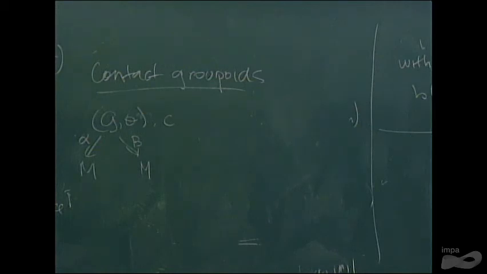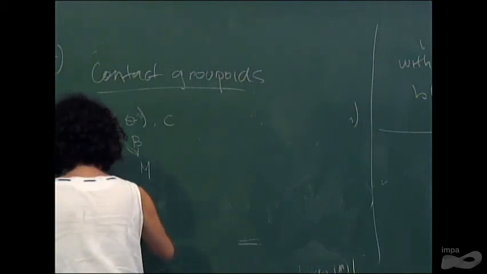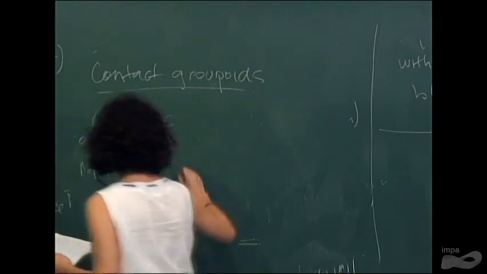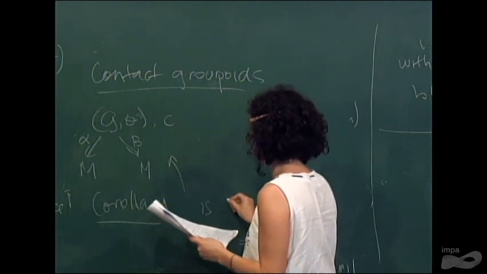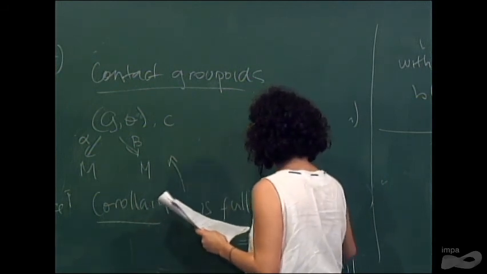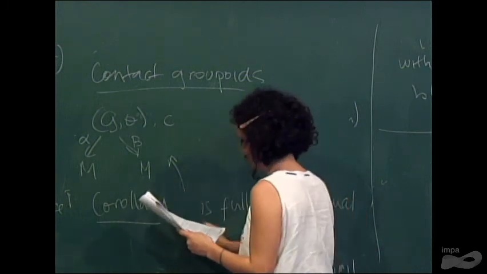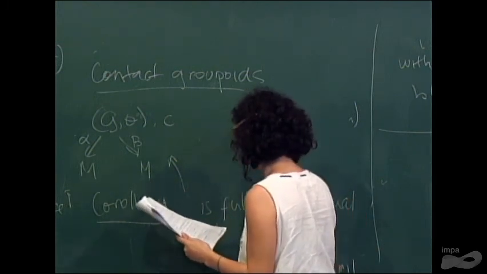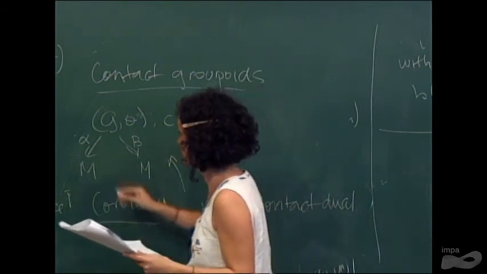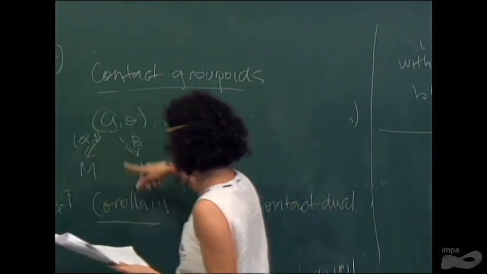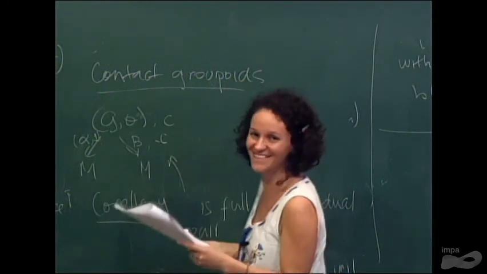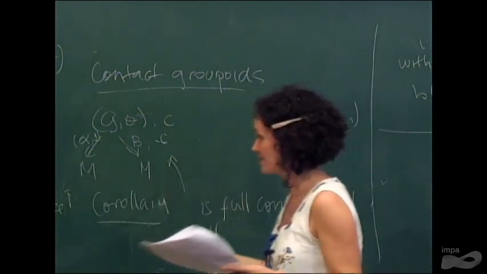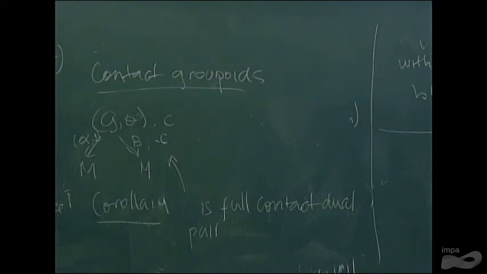And the corollary is that a contact groupoid is a full contact dual pair, where the conformal factor for the source is 1, and the conformal factor for the target is minus C. Okay, in this case, this correspondence will be the identity. Okay?